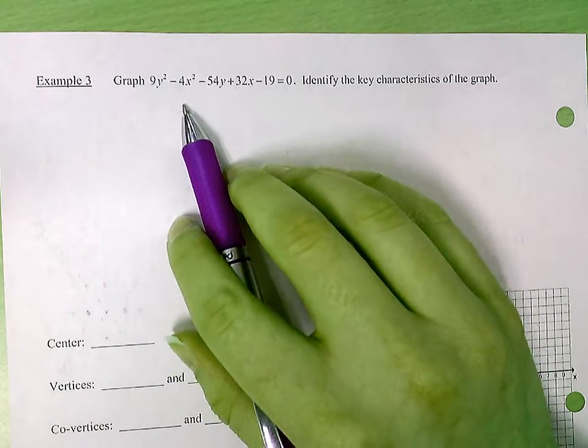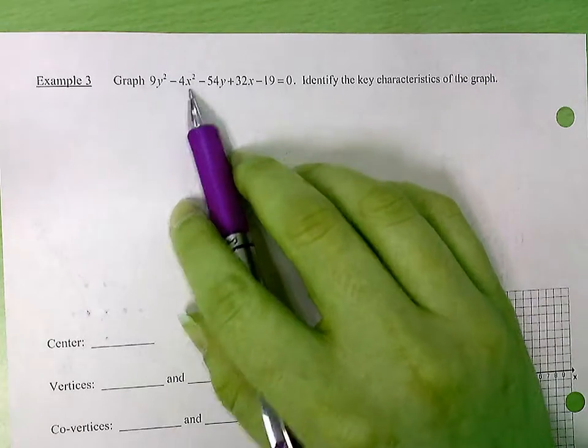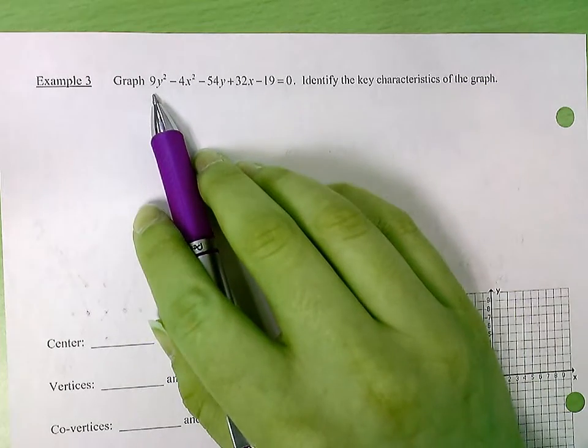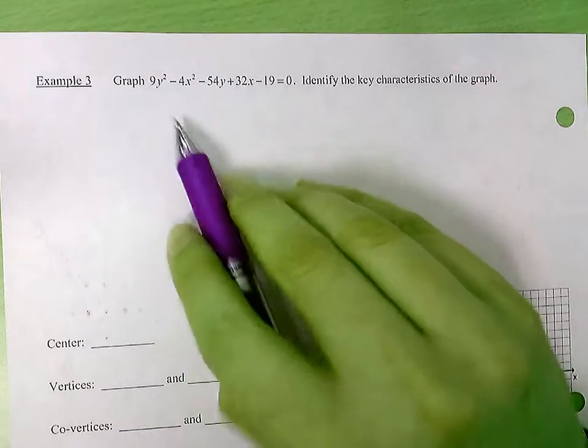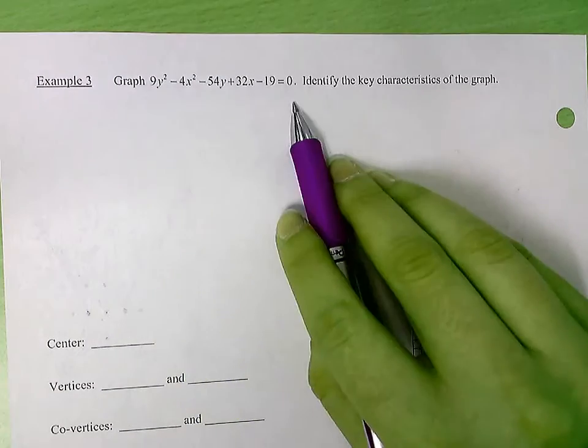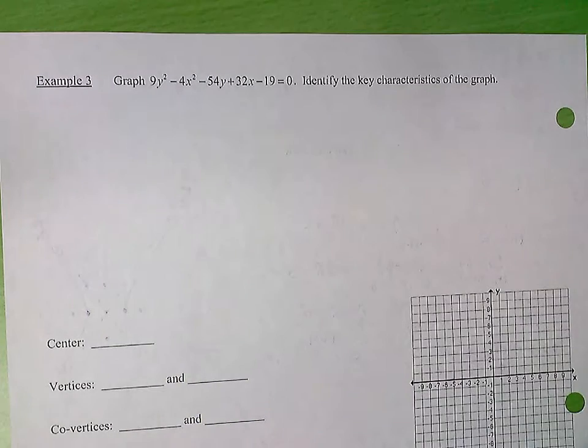All right, so with this one, we're not in our standard form, so we have to put this into standard form. Just like we did before, we want to group all of our y's and all of our x's.